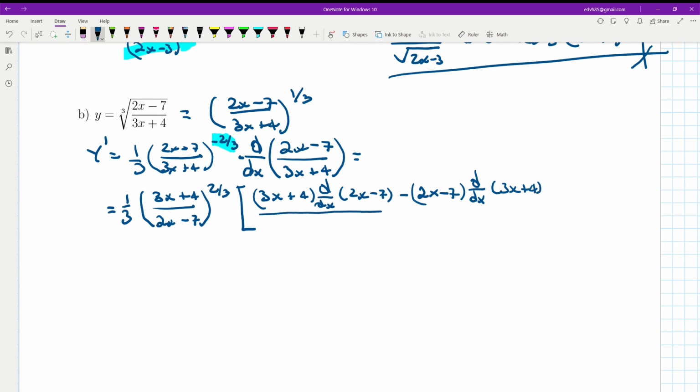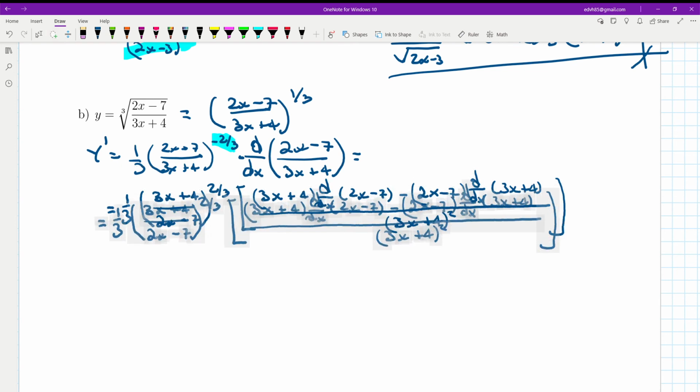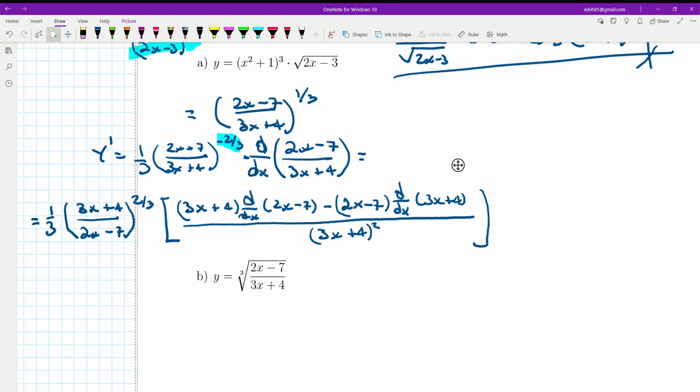The whole thing divided by 3x plus 4 squared. All right, so let's just simplify this derivative over here. So I'm going to need more space for the previous example. Let me actually shrink it a little bit.